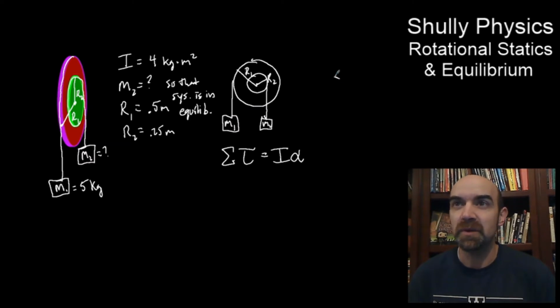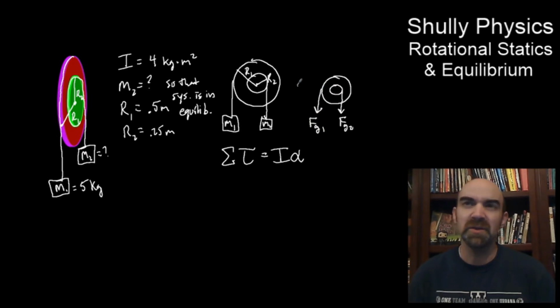What I'm going to do is draw a force diagram this time and identify the torques. There's going to be FG2, the weight of mass 2. Now we're going to have the weight of mass 1 over here, FG1. They look almost identical. This one's more of a picture, and this is the force diagram.